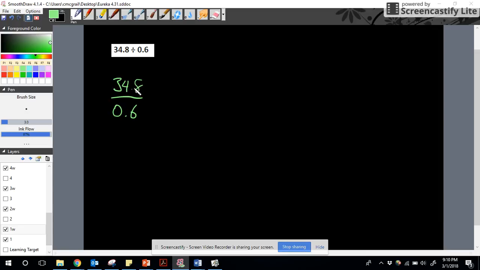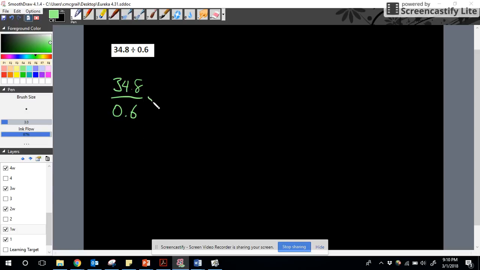Now that I'm seeing it this way, I really want to get rid of this decimal point here. It is not my friend. I want a whole number in this denominator, and it's actually going to change this decimal here as well. So I know that since this is tenths, I only need to move this one place value to get rid of the decimal.